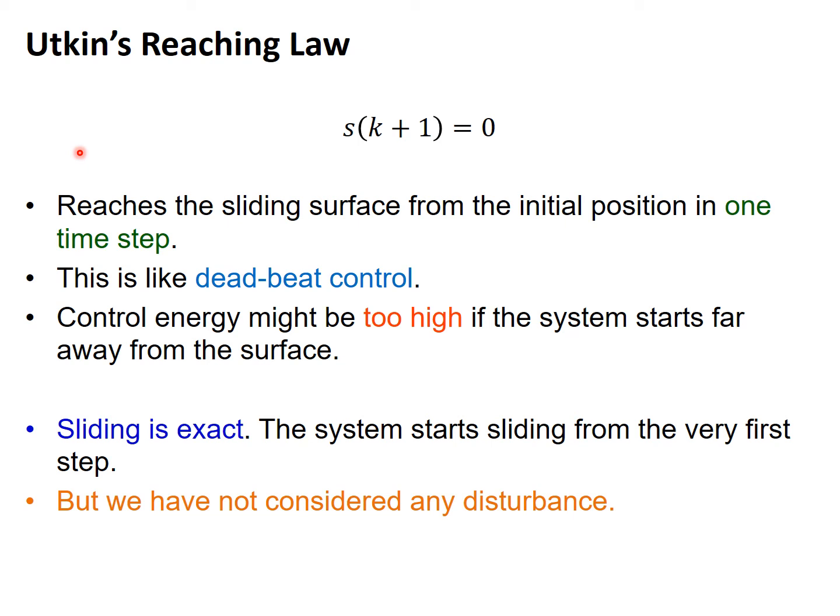If you plot this s(k+1), this is very easy to plot. You take any sliding variable, and you simply do s(k+1) equals 0. It will come to 0 and it will stay at 0 from anywhere in the state space. But we have not considered disturbance.